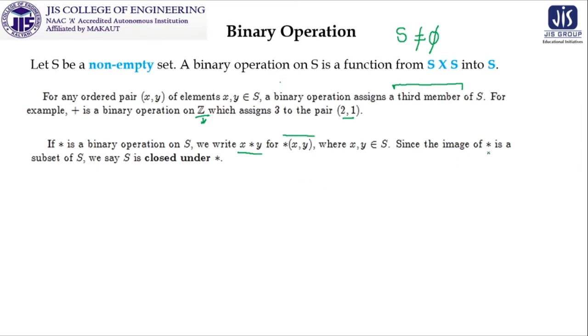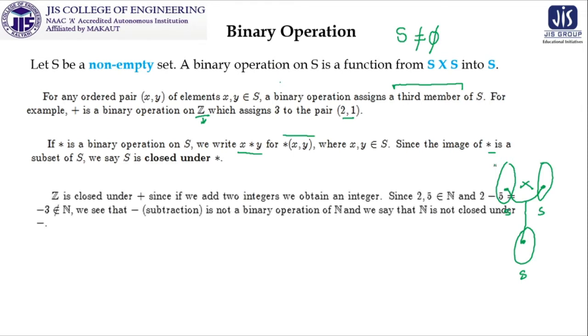The image of star: from this set S and another set S, you are taking S cross S. That means you are taking one element from each, and when you combine them by your operation, the result lies over here. It is the happy face of the binary operation.